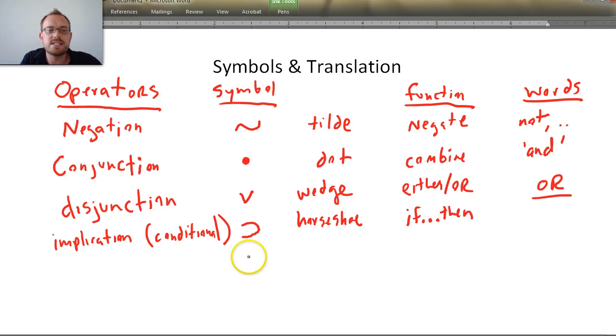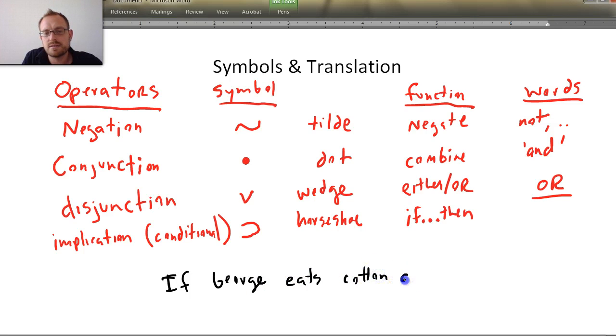So for instance, let's give an example here. I'm going to change the color. What if I said, if George eats cotton candy, then George will get sick.